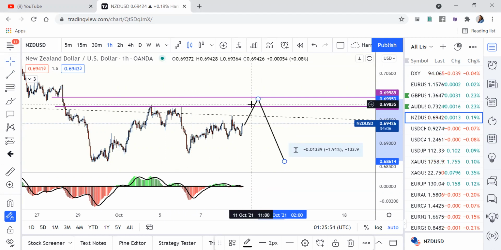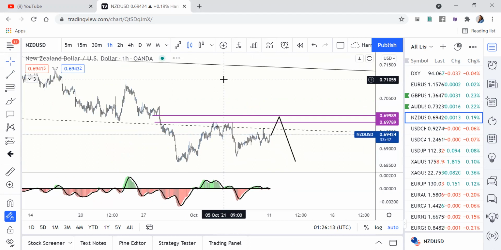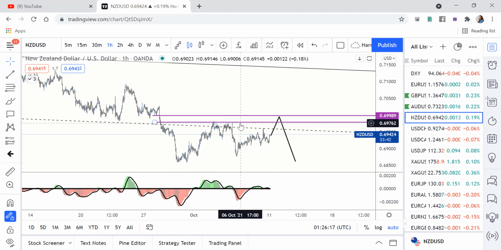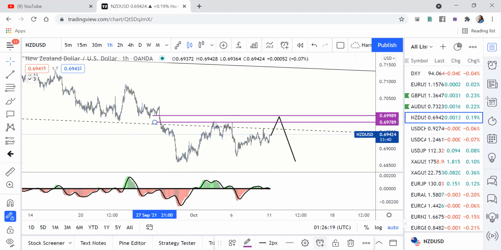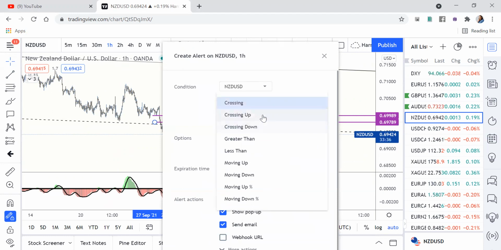All right? And then I could look for myself. So I'm not going to do anything with NZDUSD for now, other than to set an alert so that I know that price has reached that zone.